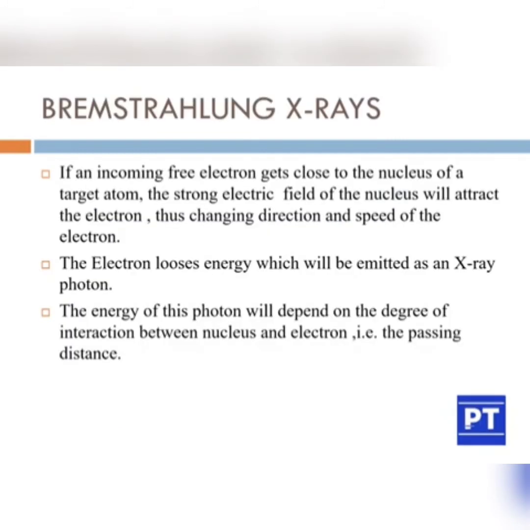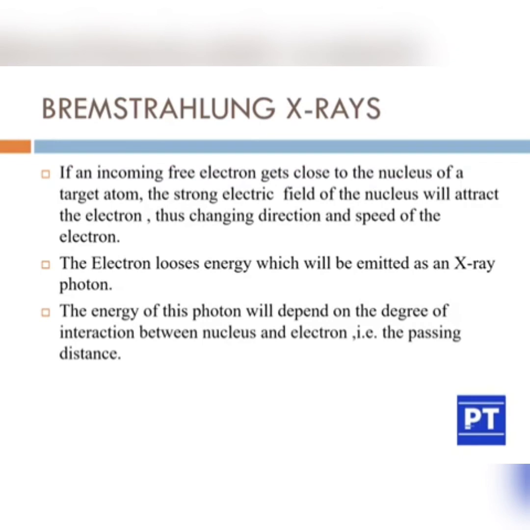Bremsstrahlung X-rays. When an incoming free electron gets close to the nucleus of the target atom, tungsten being the target atom, which has a nucleus as well as the K shell, the strong electric field of the nucleus will attract this electron as it comes from the filament towards the anode, thus changing the direction and the speed of the electron.